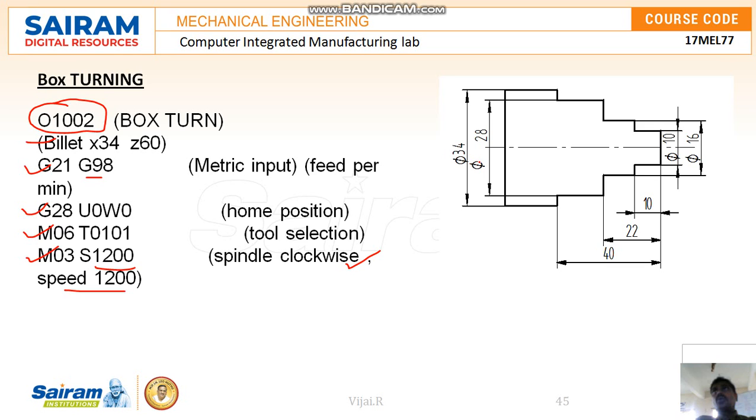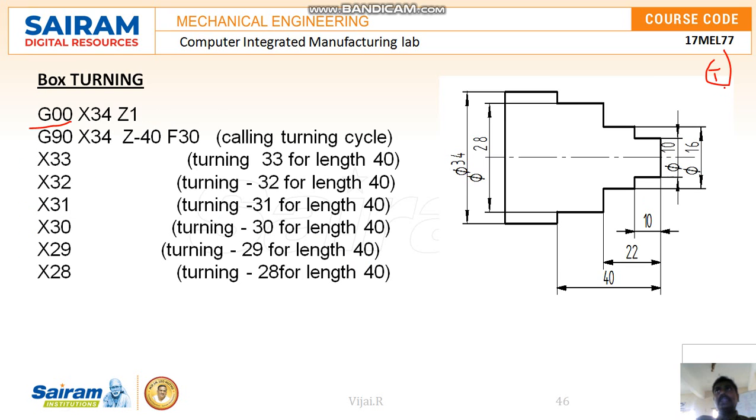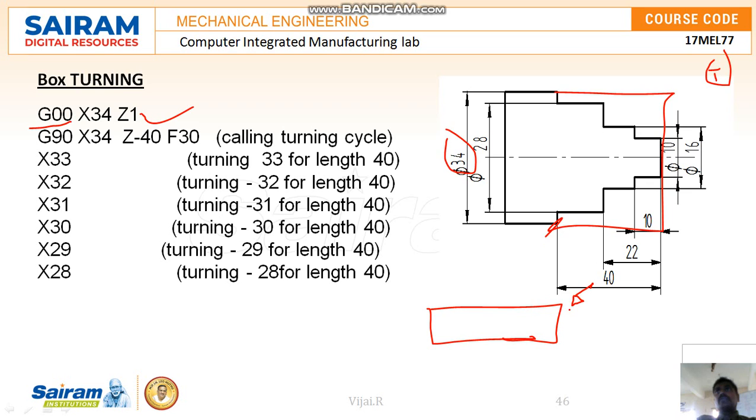Now imagine this raw material, a cylindrical round job, with a diameter of 34. The tool has to come to this position and then take the material. So I am bringing the tool to X34 Z1, because 34 is the diameter. Z1 means it will stay 1 mm away from the face. This is the gap it will maintain.